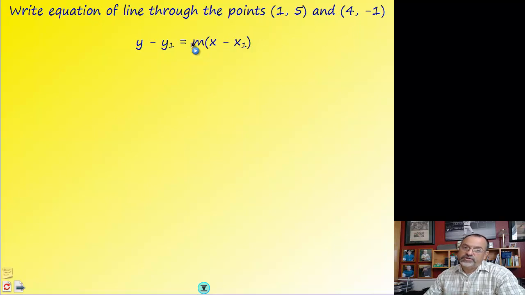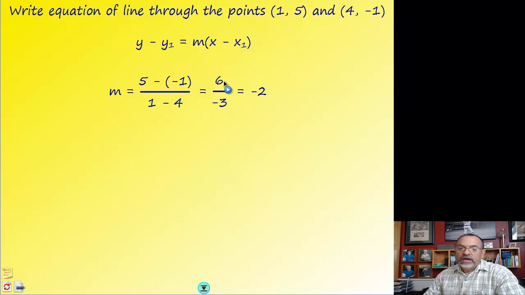Here we're given 2 points, so we'll calculate the slope, y2 minus y1 over x2 minus x1. Make sure you keep the x's and the y's together, and then we simplify that so we have a slope of negative 2.